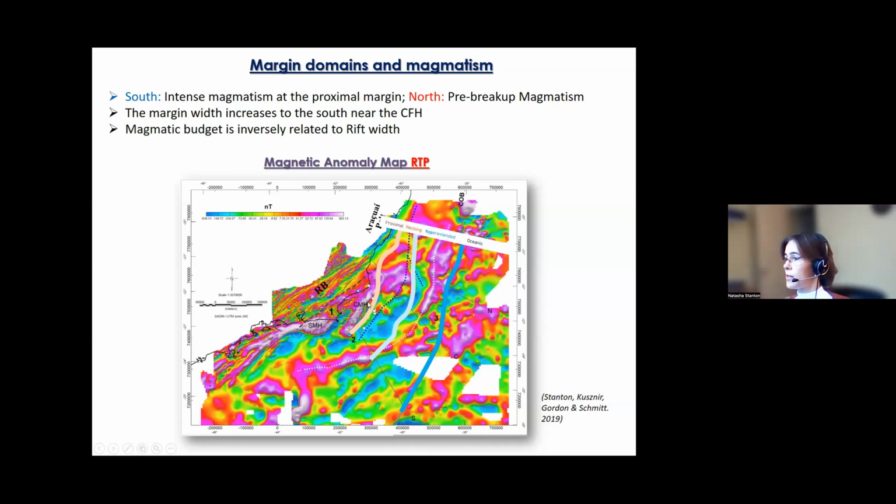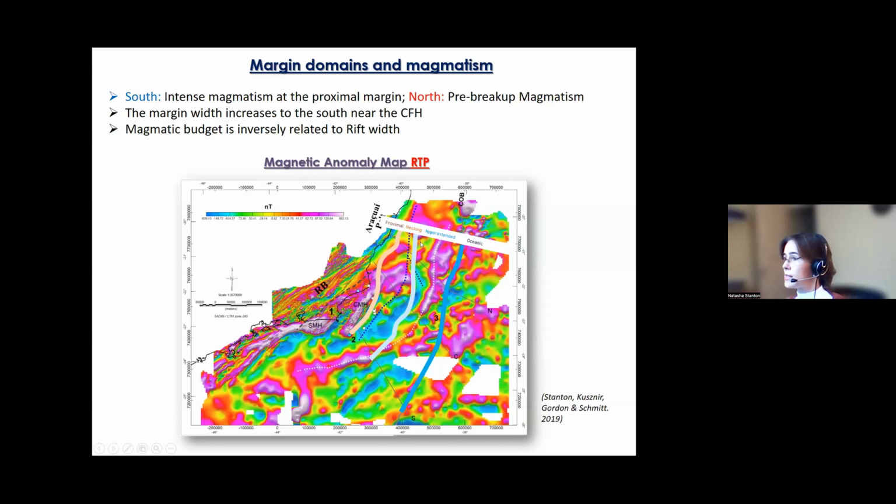And when the rift moved from south to north, it affects this area. So maybe this magmatism is contemporaneous to this one. So here it is, but here it is in the necking domain because the rift was moving from south to north.